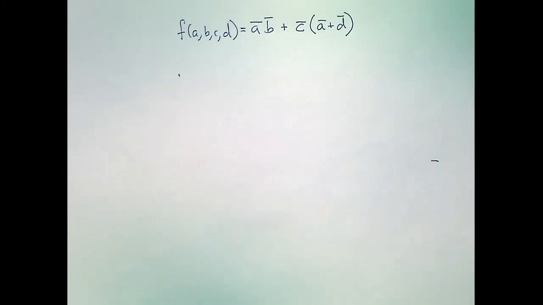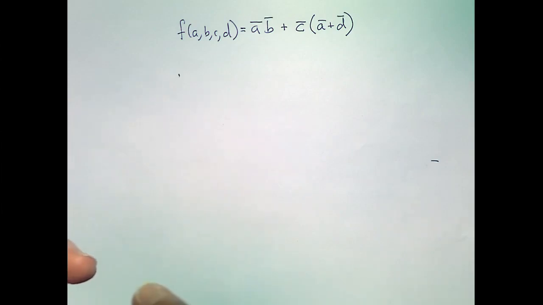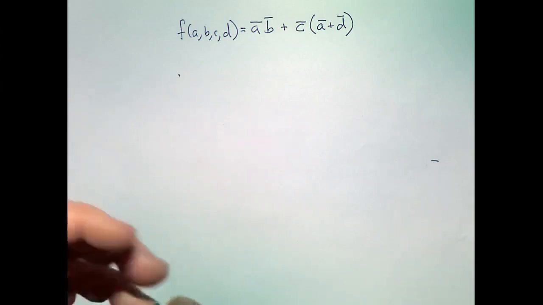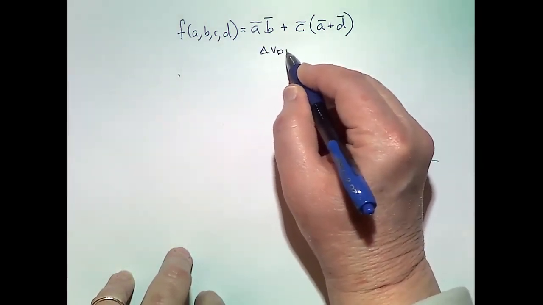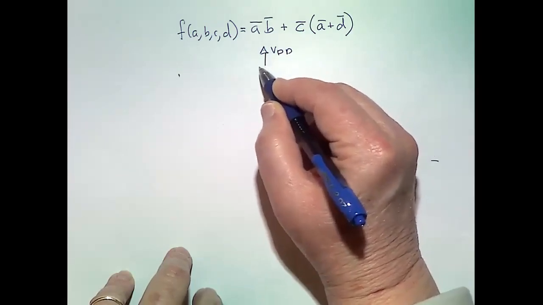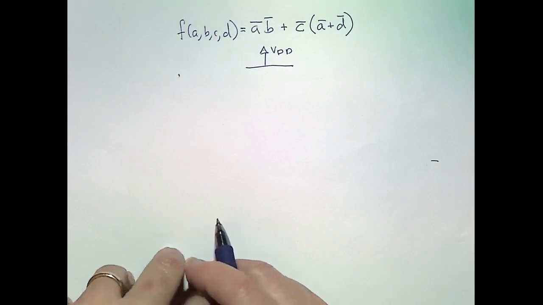And remember, the PMOS transistors conduct when their gate input is low. Okay. So here's my power. How shall I construct my PMOS network?